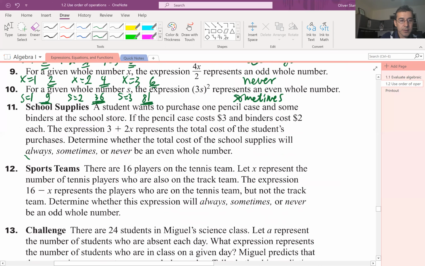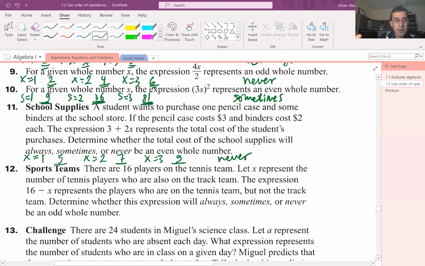So if x is 1, 2 times 1 is 2, plus 3 is 5, right? If x is 2, 2 times 2 is 4, plus 3 is 7. If x is 3, 2 times 3 is 6, plus 3 is 9, right? So we always get an odd number. So even, never, right? So it's never an even number. It's always an odd number. So number 11 is never.